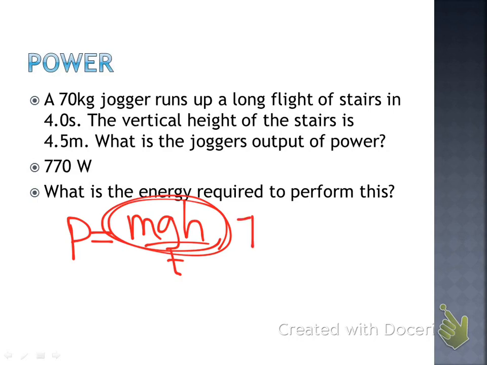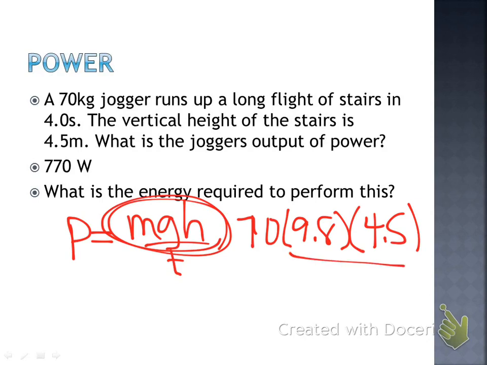So we can look at 70 times 9.8 times the height. And we use this value because as he climbs the stairs and he reaches the top, he has gained this much potential energy. Which I got 3,087 joules for that value. Do we understand why we're just using that equation for energy?